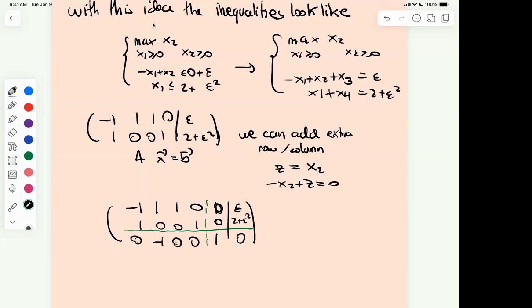Not that you have to, but just to indicate what the columns represent. Those are the columns for the original variables, this is a column for the z variable, and this is the column for b.